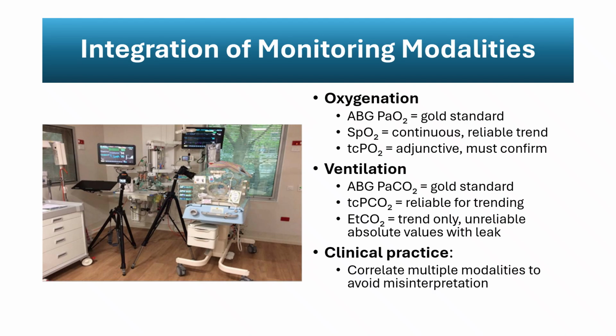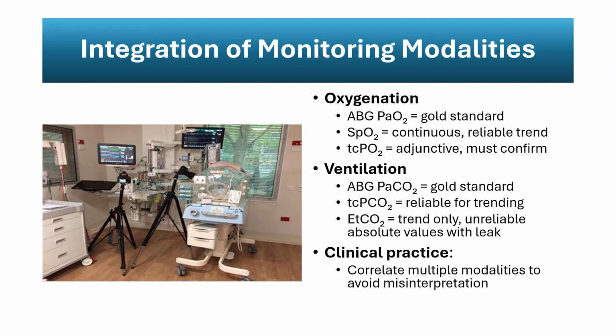Accurate respiratory assessment depends on integrating multiple monitoring tools rather than relying on any single measurement. Each method provides a different perspective on gas exchange, and correlation among them ensures reliable interpretation. For oxygenation, arterial blood gas remains the definitive standard because it measures actual oxygen tension.